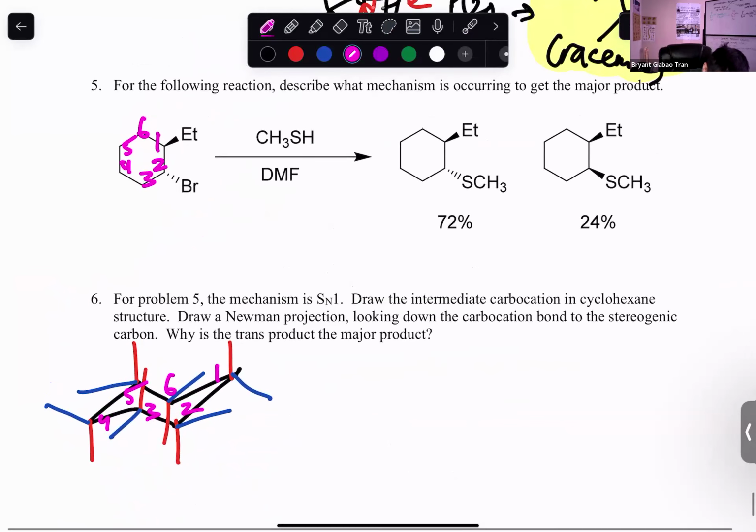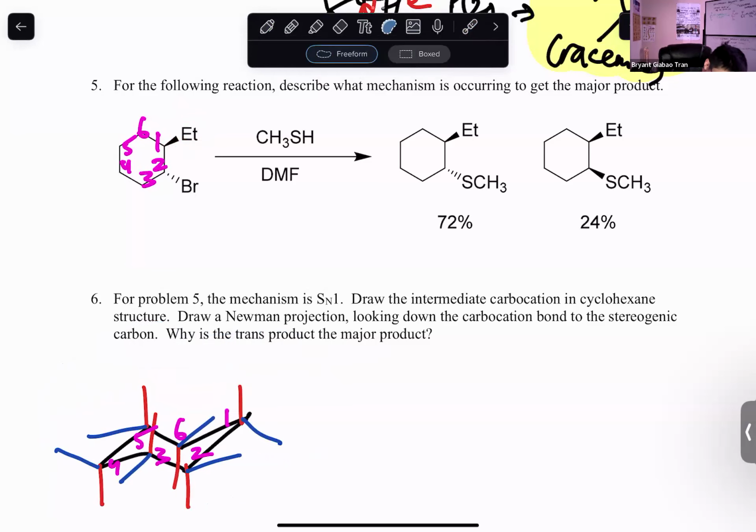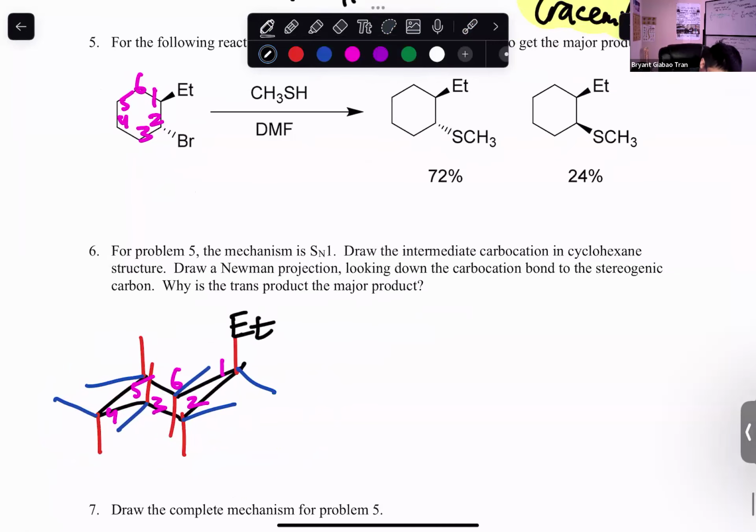So let's say that I have at 1, the ethyl group is going up because it's a wedge. And if we look at carbon 1 right here, the bond that is going up is axial. So my Et is going to be up like this. That's going to be hydrogen at the equatorial.